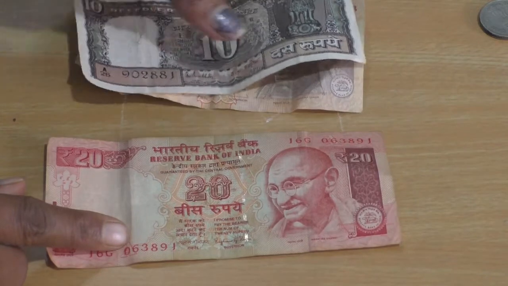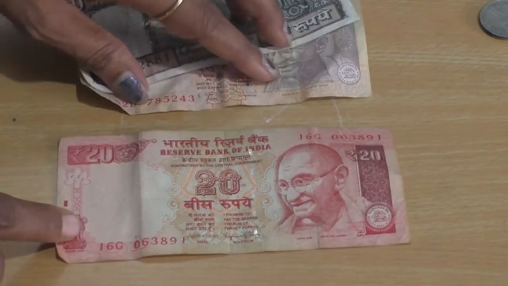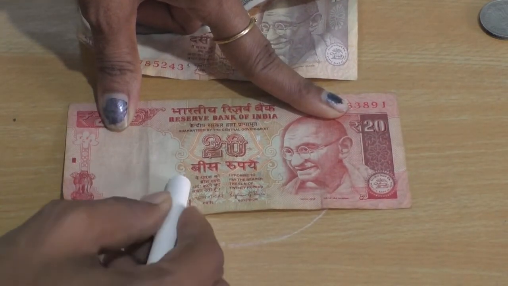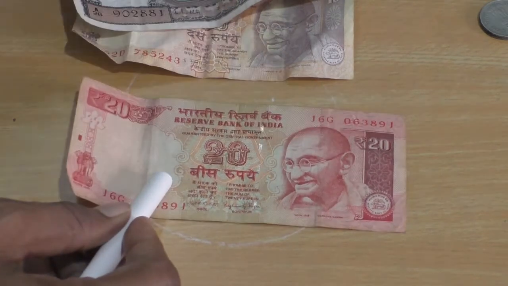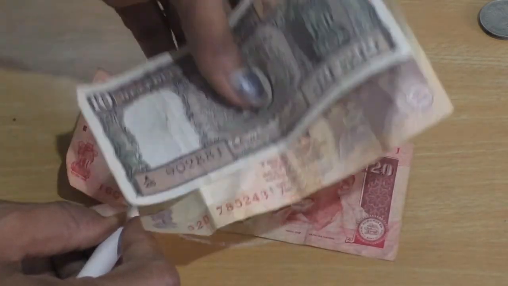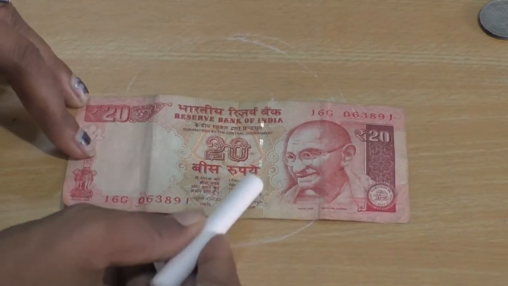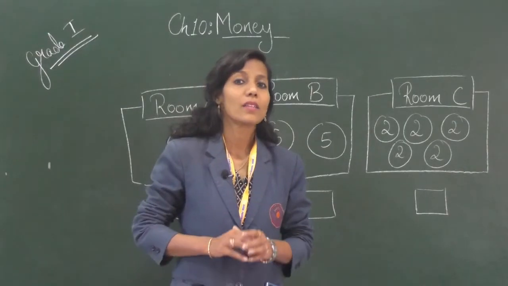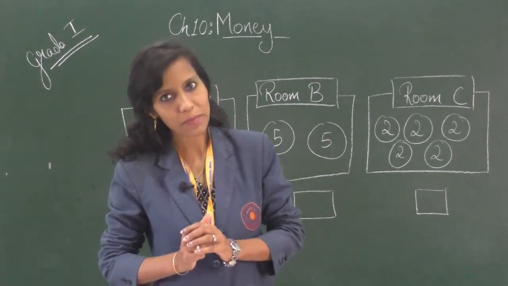So 2 notes of 10 give me an amount equal to one single note of 20 rupees. So we saw just now how we can add money.